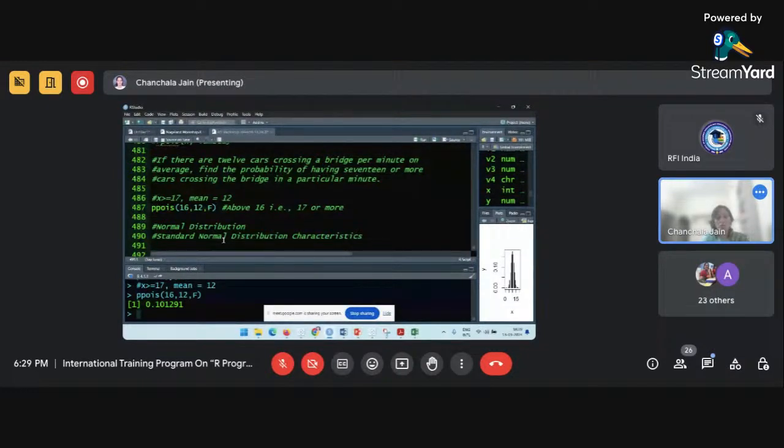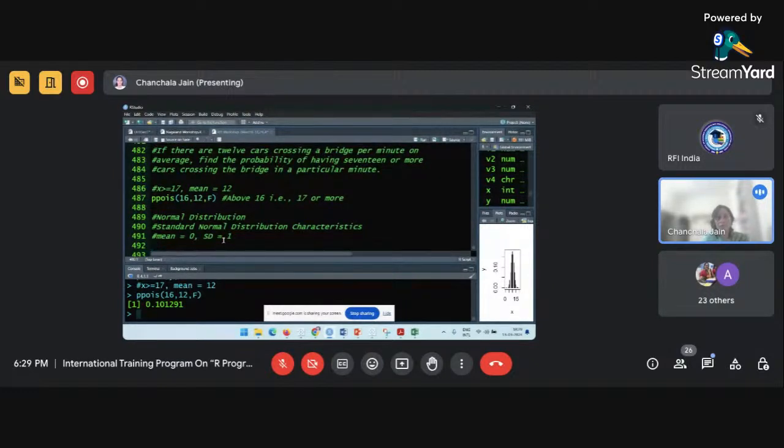This type of data will have mean as 0 and standard deviation as 1, right? Skewness will be 0 and kurtosis should be 0, right?